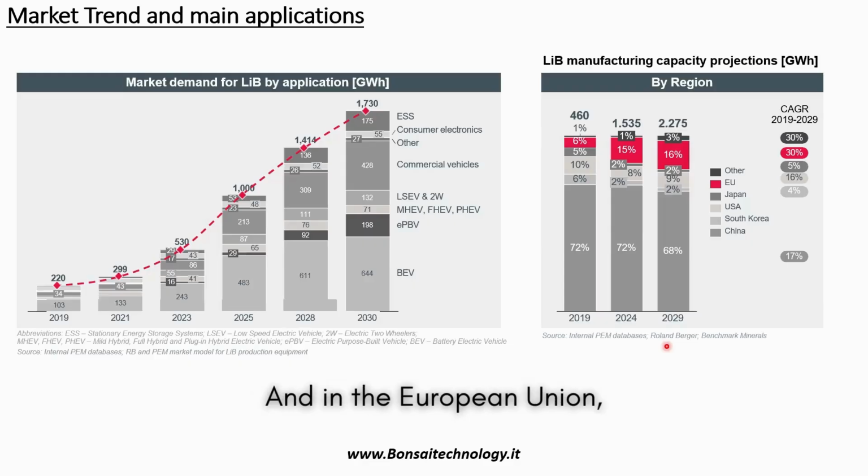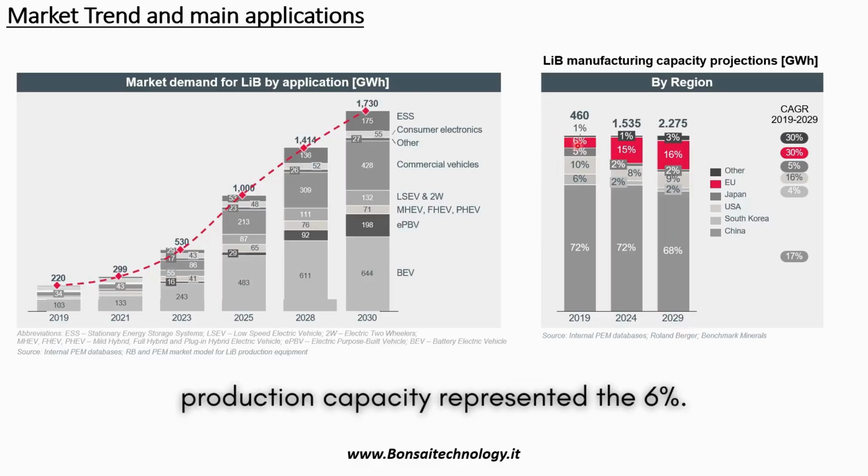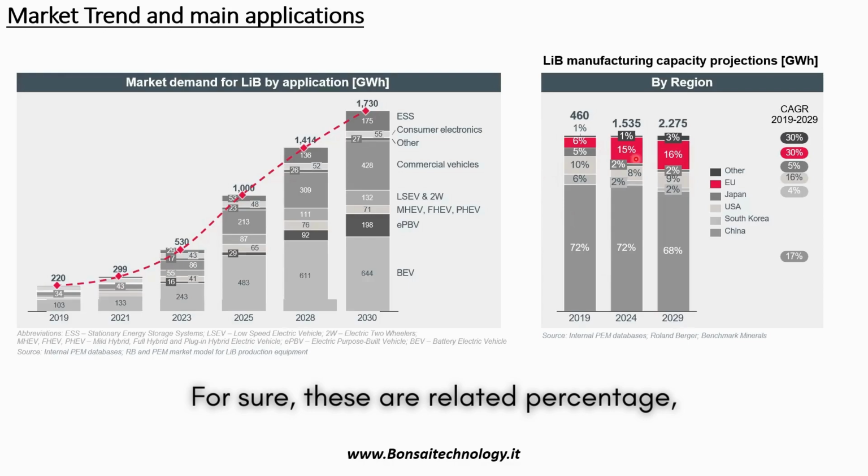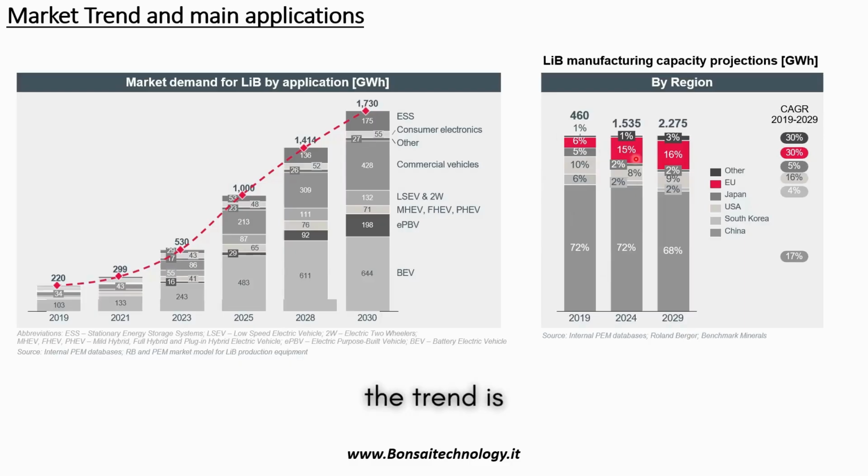And in the European Union, the business is going to increase very, very quickly. As you see, in 2019, the European production capacity represented 6%. In 2024, it's going to represent 15%, and then increase to 16% in 2029. For sure, these are relative percentages, but if we check the overall capacity, the trend is increasing very, very quickly.